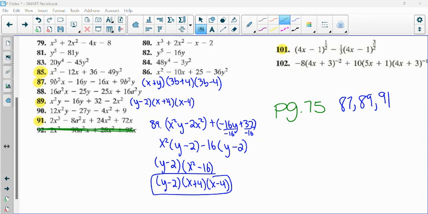Okay, so what do we have to do first for 91? What do they all have in common? They all have an x, so we want to pull that out for sure. And they all have a factor of 2. So you're going to pull out a GCF of 2x first for number 91. So we divide everything by 2x.